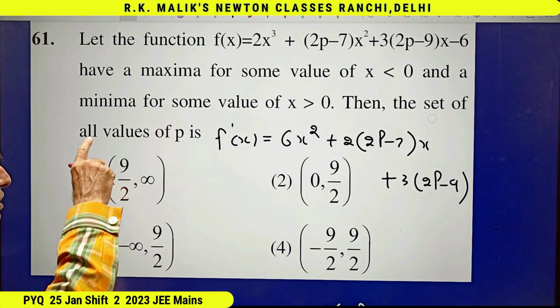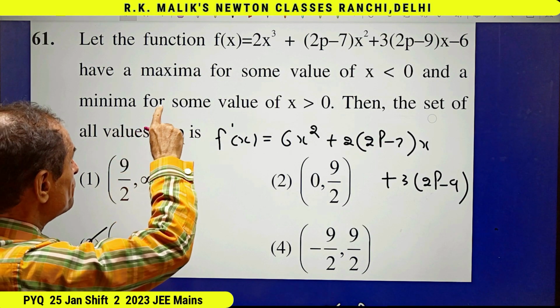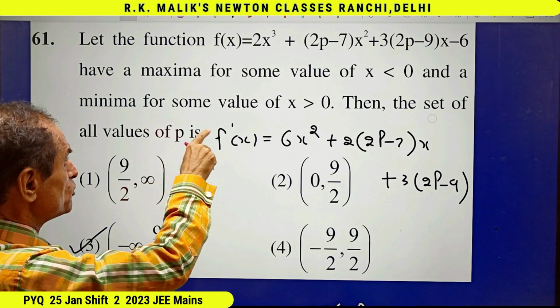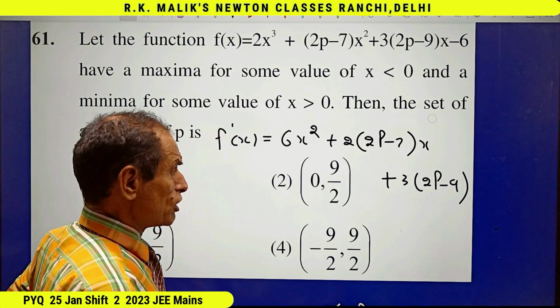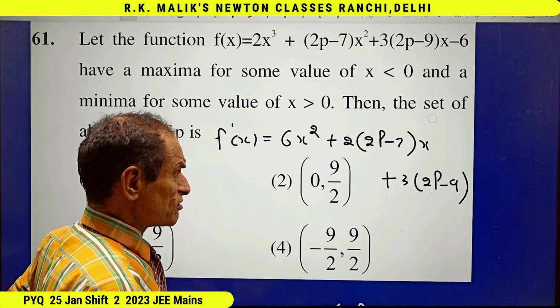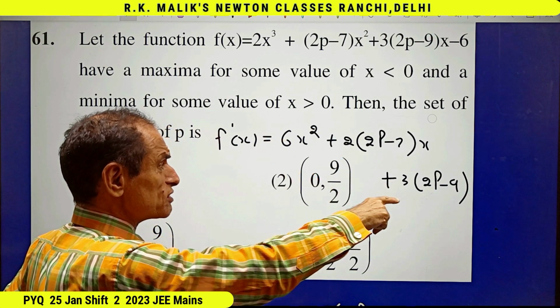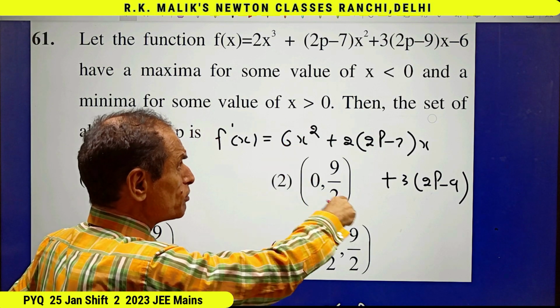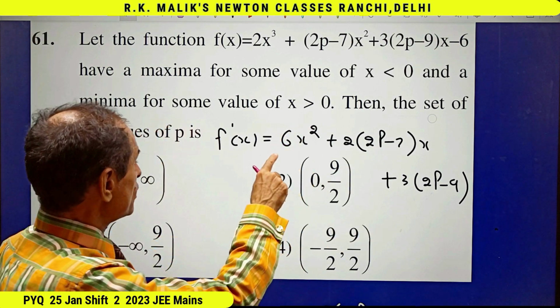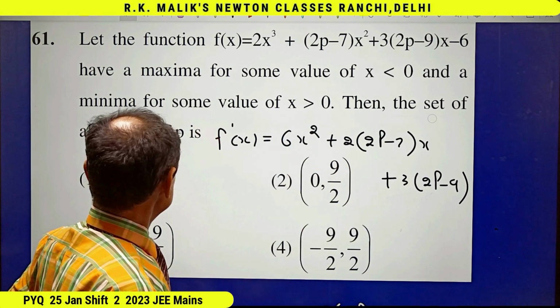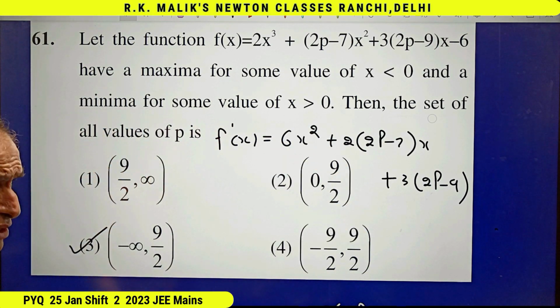But according to them, I should have done this step also: first find the two roots of this. At the negative root, it should be having local maxima. At the positive root, it should be having local minima, which is too lengthy. But that is all wastage of time. All those things are not required.